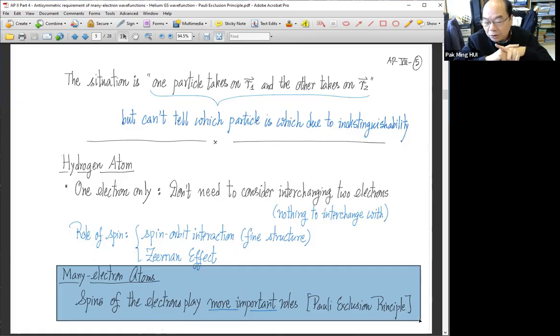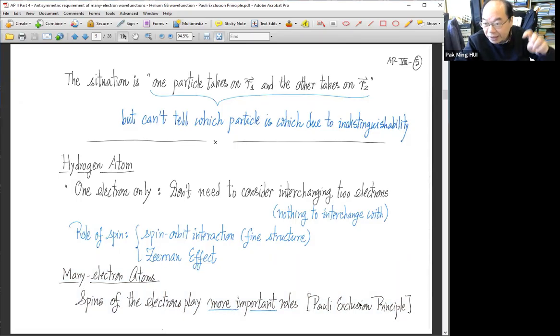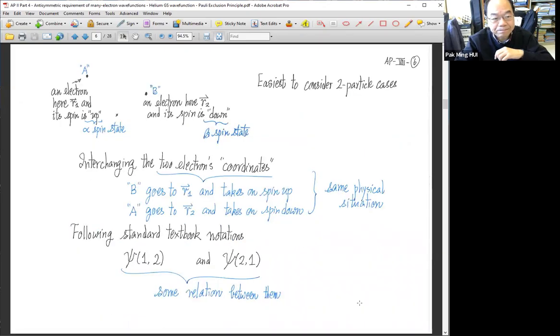But here, as you will see, the spin of the electrons has a big role to play in obeying the antisymmetric requirement of the many-electron wave function. So it's just an advertisement. You will see the details later. So let's continue.